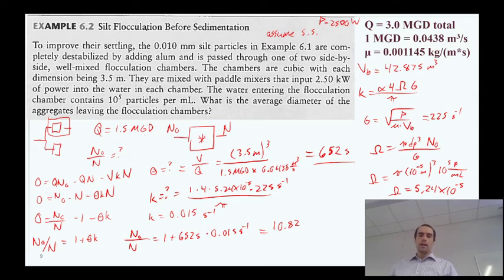With that, I want to give you a couple minutes to think about how you would get the final aggregate volume, or excuse me, diameter from that point. We did the mass balance. How would we finish?